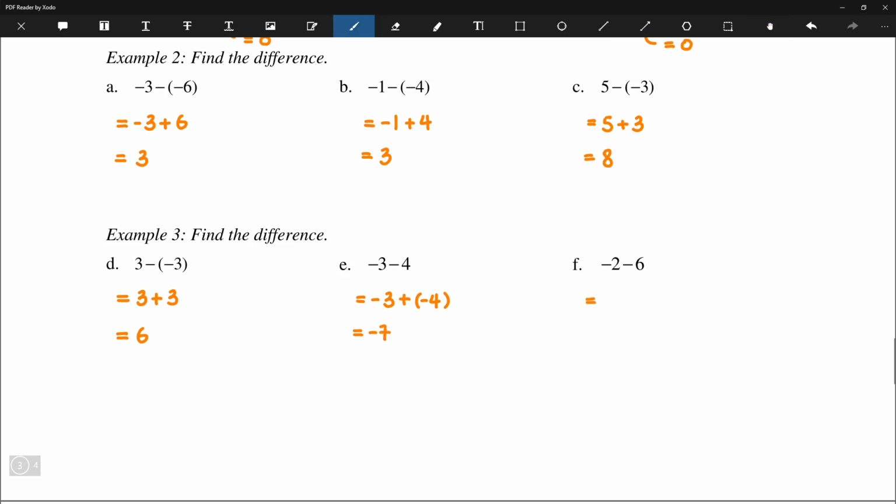Likewise here, -2 minus 6 is the same as -2 plus -6 for a total of -8. Of course, it's also possible to draw counters to model these subtraction questions, but doing what we just did is a little bit quicker.